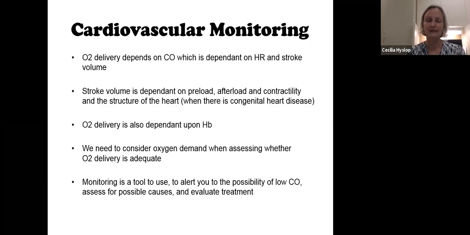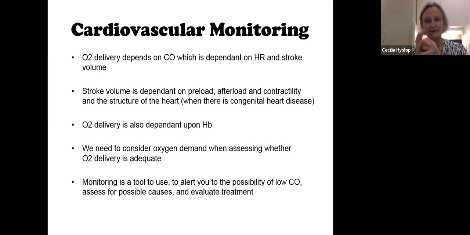And that can be structural obstructions, or it can be functional, meaning the vessels are just vasoconstricted. So it makes it very hard to have a good stroke volume if that left ventricle, for instance, has poor contractility, and now it's trying to pump out against vessels that are very, very vasoconstricted. It makes it difficult. And that's, for instance, why a lot of our patients are on drugs like milrinone.